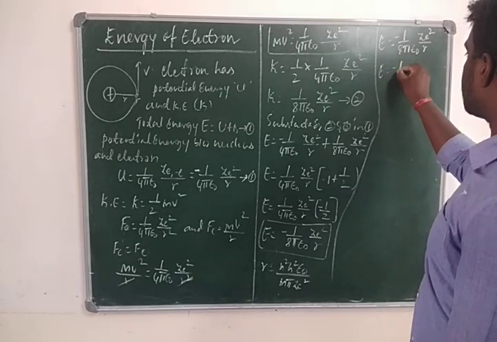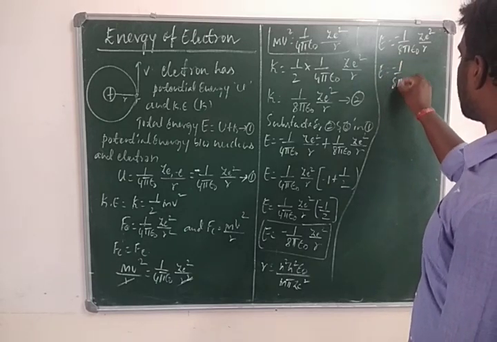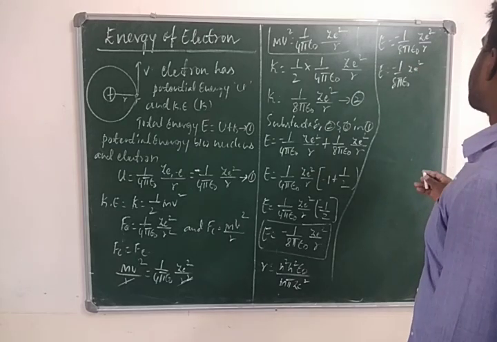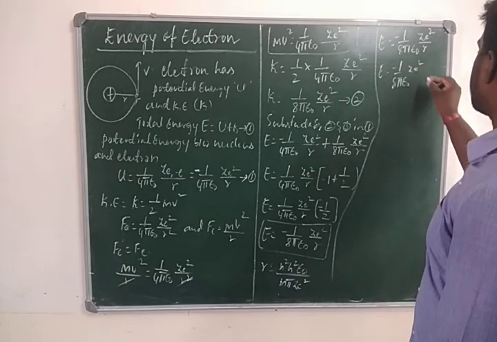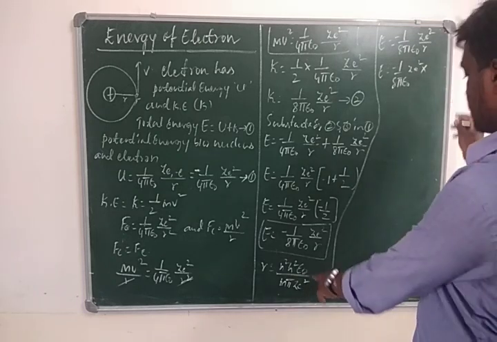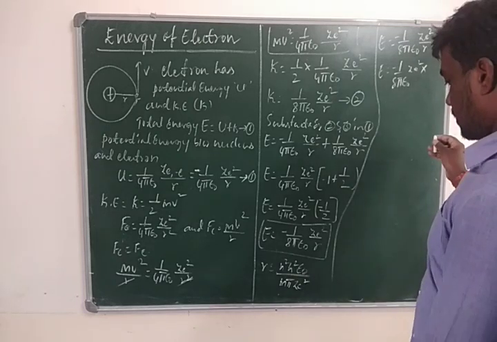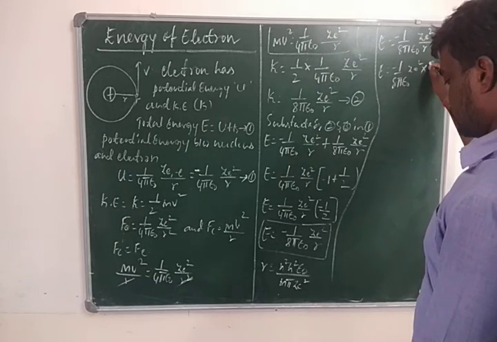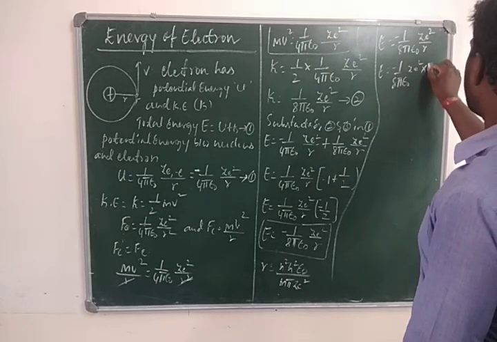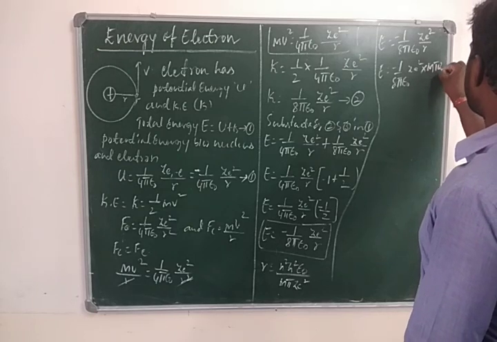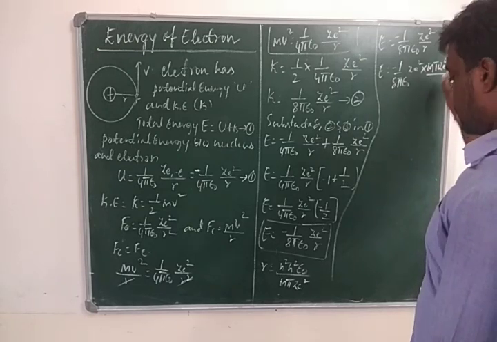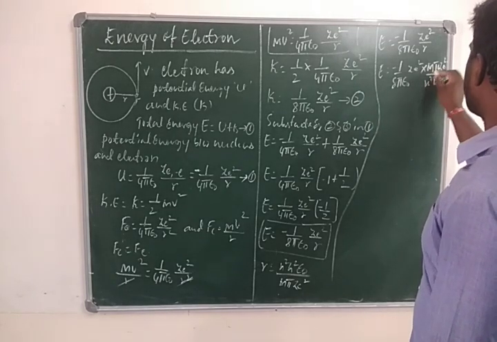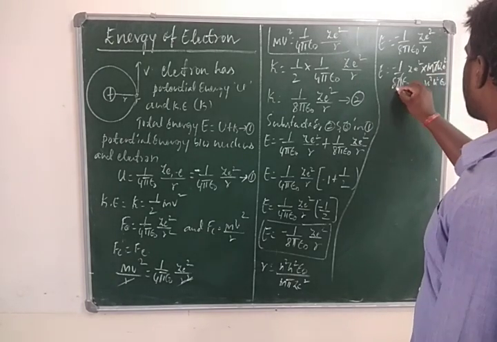E equals minus 1 by 8 pi epsilon naught Ze square into m pi Ze square divided by n square h square by epsilon naught. Pi gets cancelled.